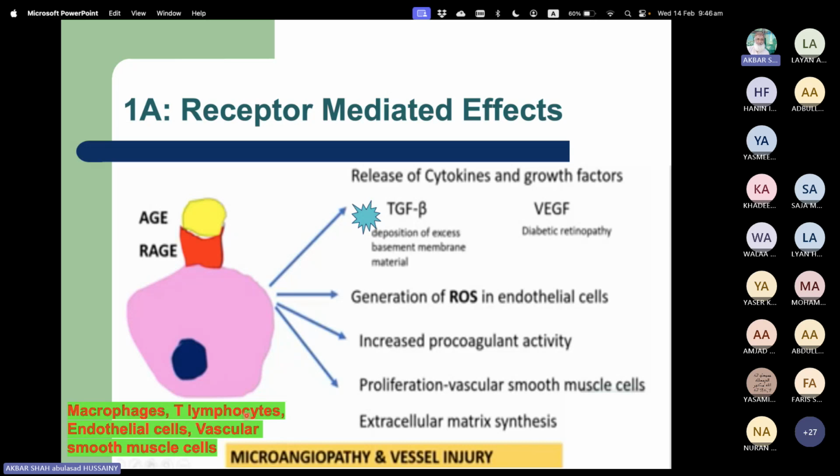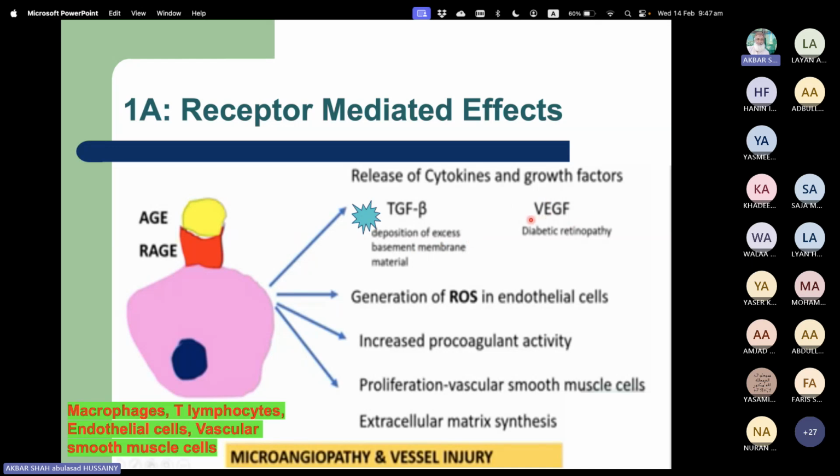Again, you can see green highlight is an important question. When the ligand and the receptor meet, this cell gets activated and produces all these effects. Most important effect for the kidney is production of TGF beta, transforming growth factor beta, that will be responsible for deposition of excessive basement membrane material, and that is one of the important problems in the glomerular capillaries.